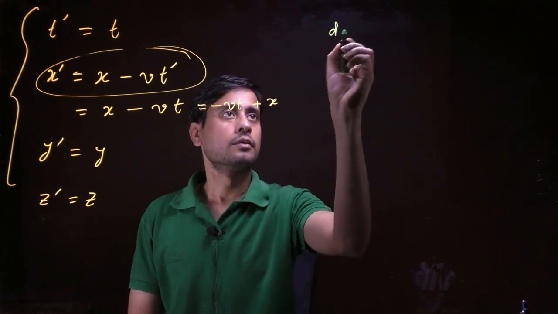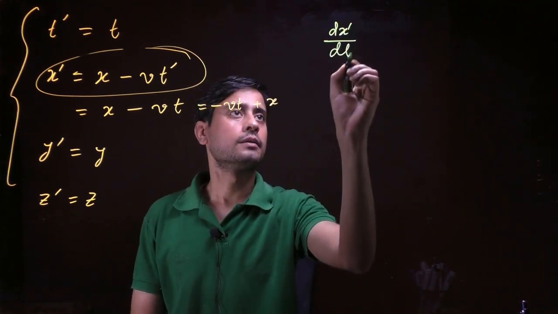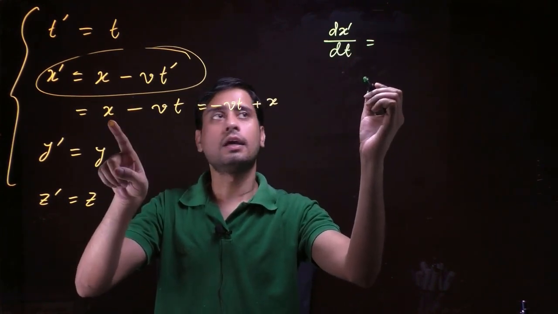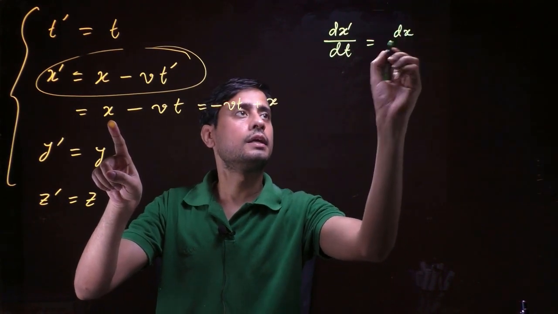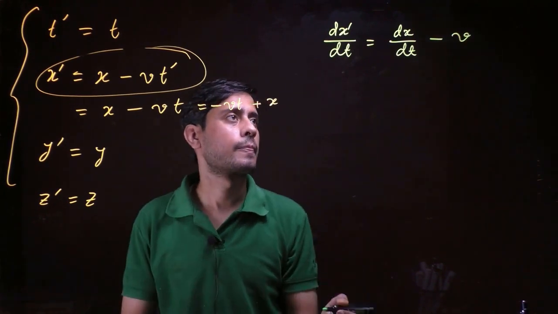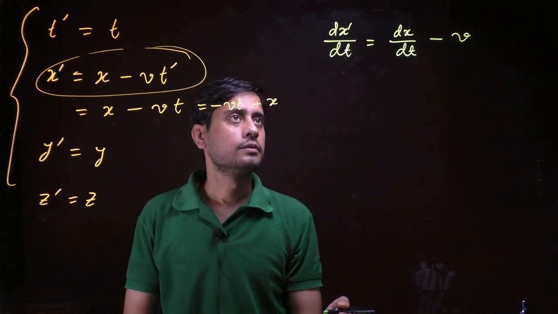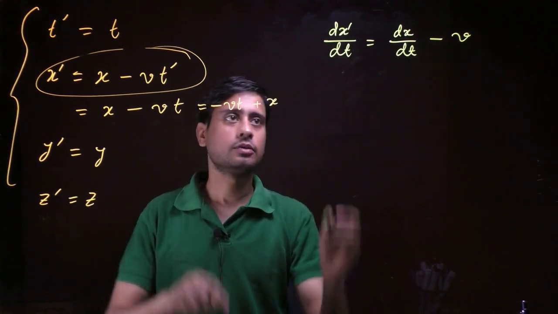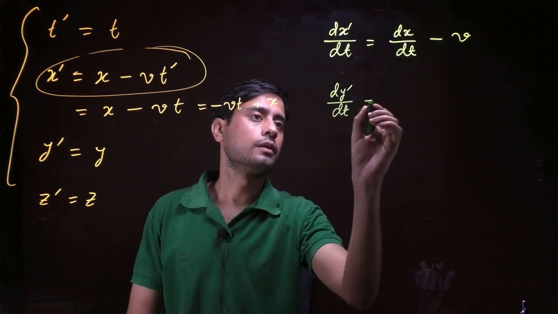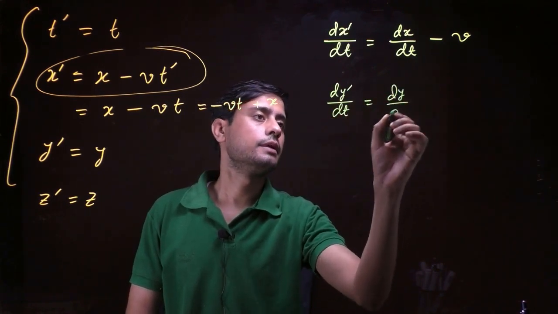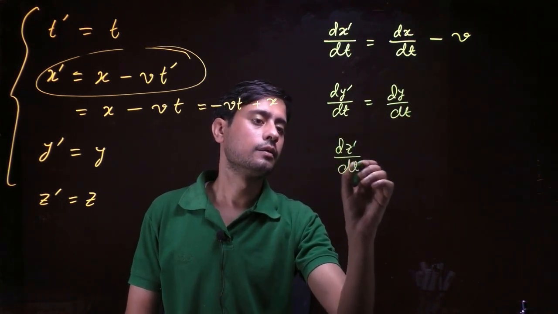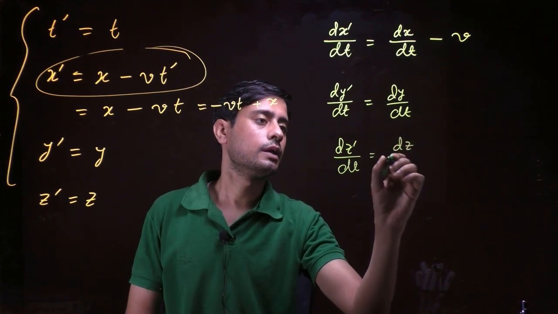So dx prime upon dt will be equal to, we are differentiating this equation, so we have dx by dt minus v, and if you differentiate these two equations, you will get dy prime upon dt equals dy by dt, and similarly dz prime by dt will be equal to dz by dt.